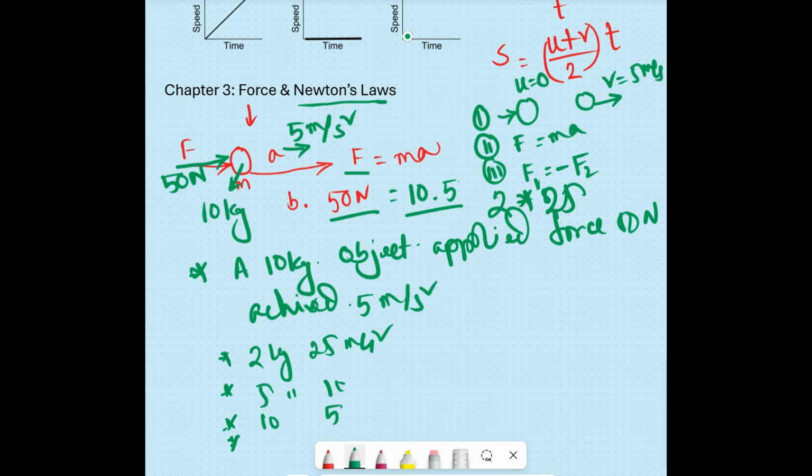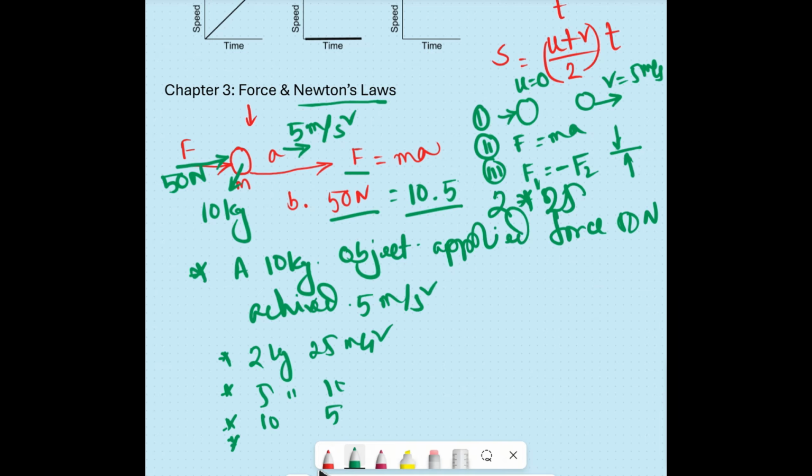It means that if you give a force here, the same amount of force will repel towards you. And within these three laws, some extended or explanation questions might be asked in your exam.